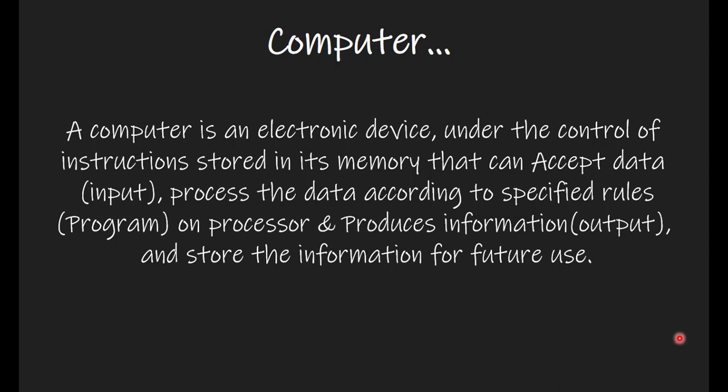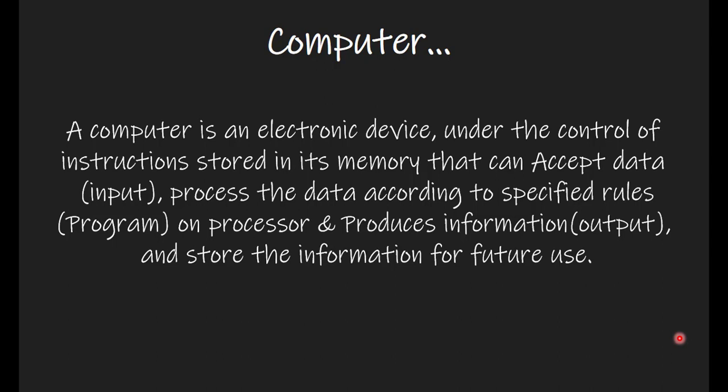It is doing it under the control of some instructions, like how the calculator is working. If the calculator is calculating 3 plus 3 is equal to 6, then it is calculating this under the control of some instruction.